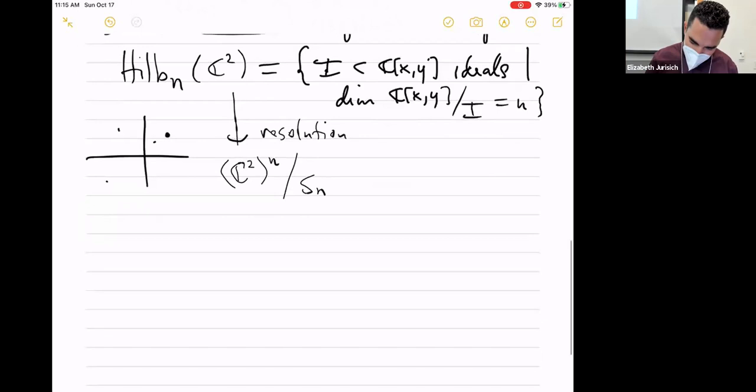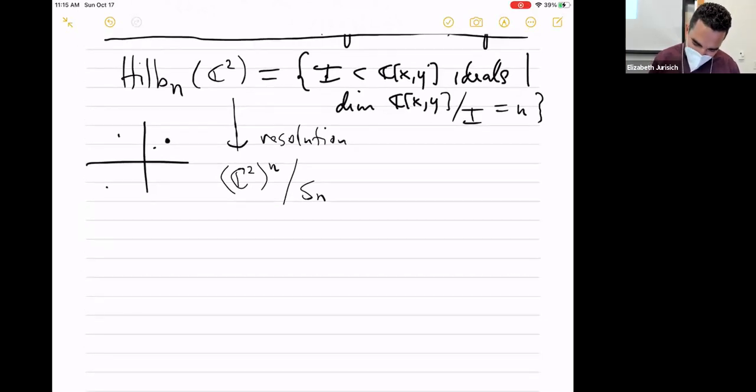So just to give you an idea of a point upstairs that you don't see immediately downstairs.